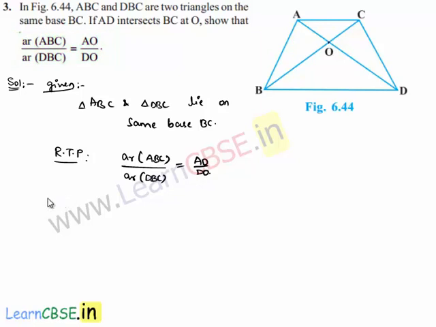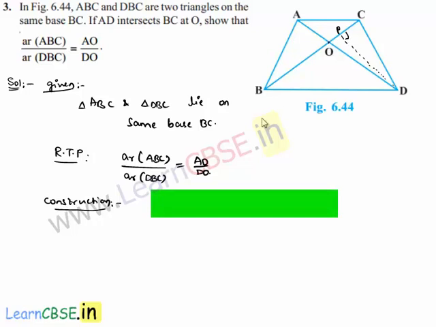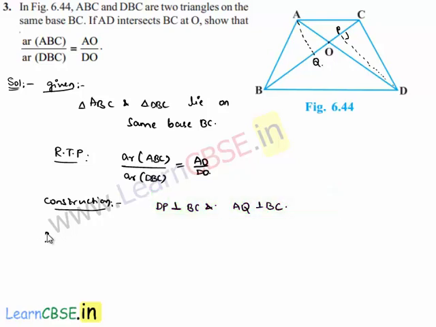Now in order to do this, let us have some construction. Draw DP perpendicular to BC and AQ perpendicular to BC. Now moving on to the procedure.